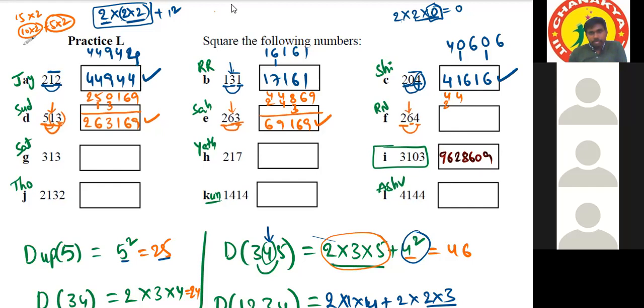Plus 6 duplex. 6 duplex is 6 square. 2 into 4 plus 6 square. Sir, 6 square is 36. This is 16 plus this is 36. How much total? Sir, then it will be 52.